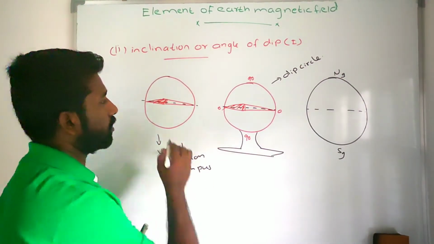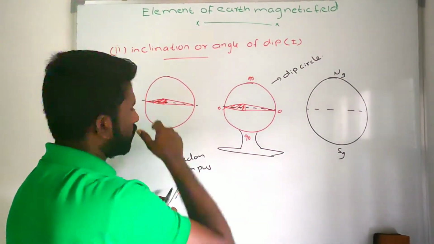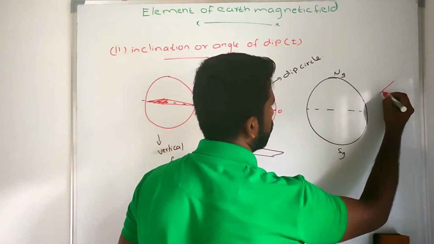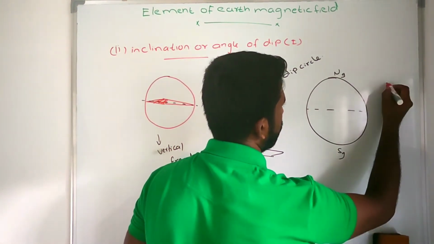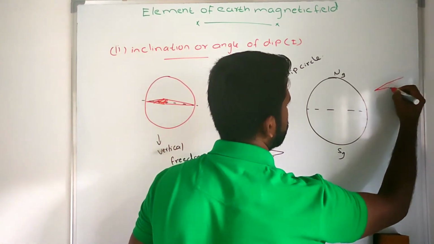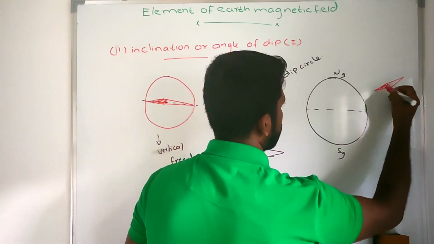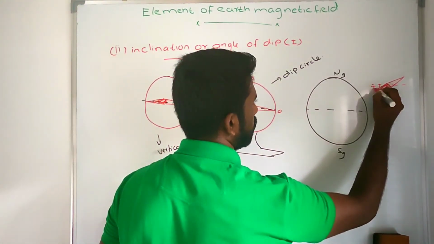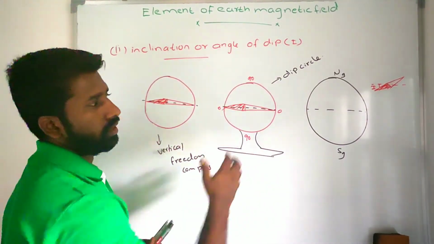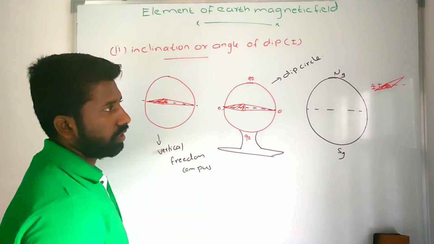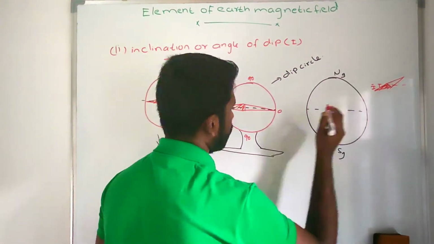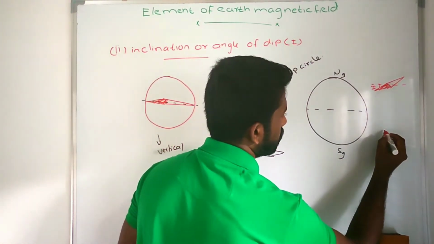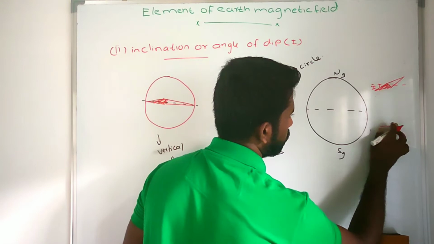In the northern hemisphere, the north pole of this magnetic needle dips down by an angle with the horizontal. Like this it will show. This angle is the dip angle, called the inclination. In a similar way, if you take this vertical freedom compass to the southern hemisphere, the south pole dips down.